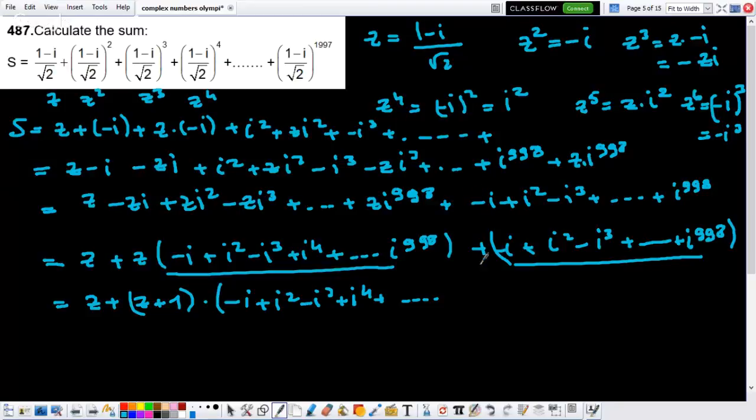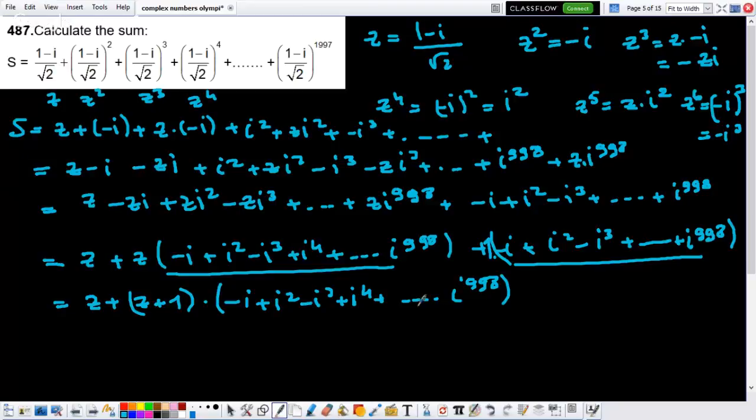I put the plus sign here. Okay, then it's going to be equal to minus i plus i square minus i cube plus i to the power of 4 and so on until i to the power of 998. And here there is a 1 in front, that's why this is the term 1, an invisible coefficient.